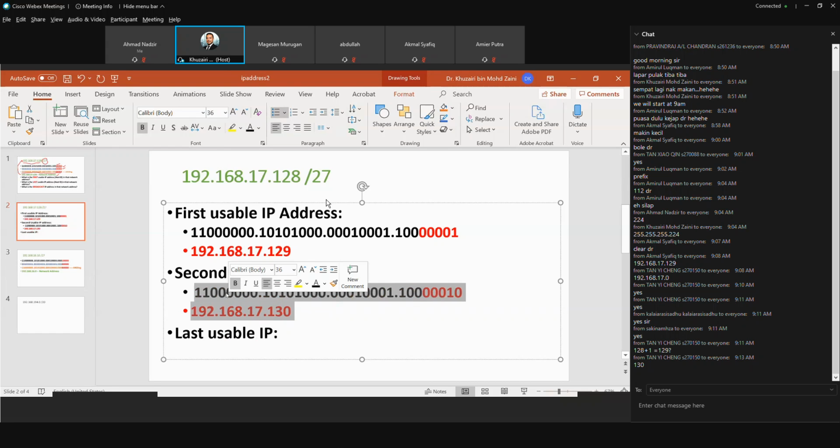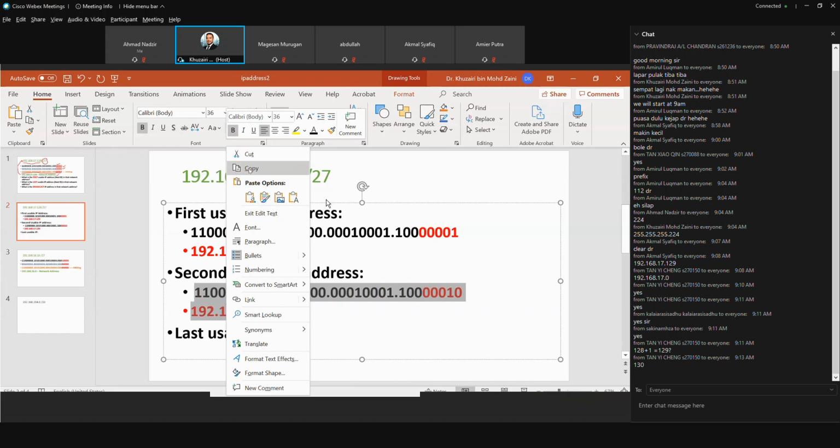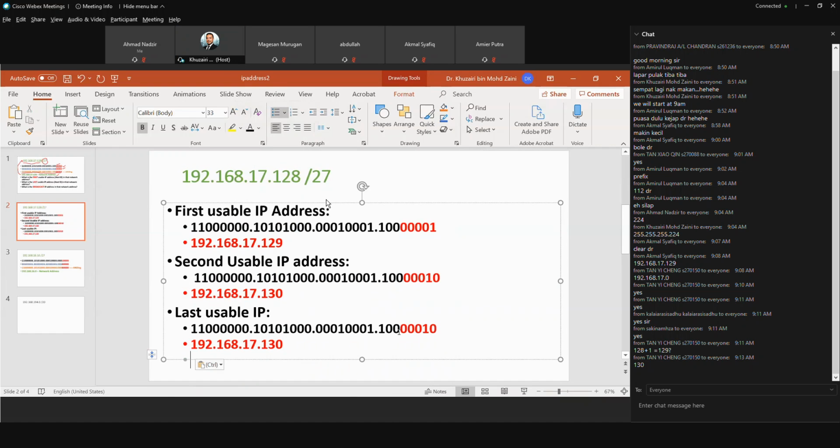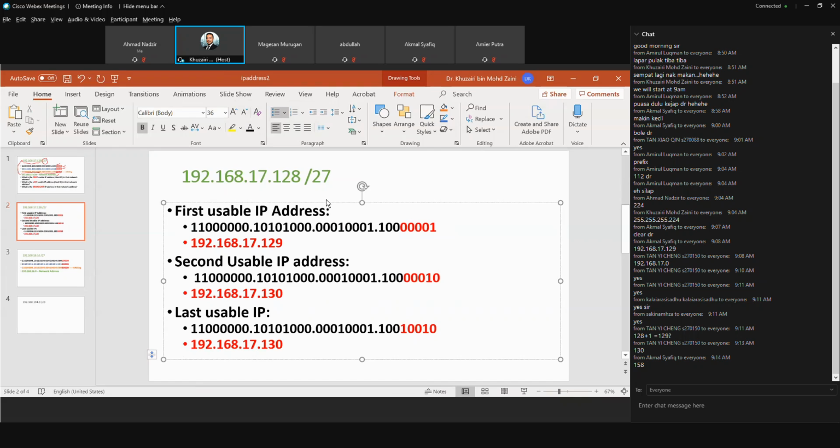Last usable will be, yes, 1, 2, 3, 4. Right? Is that right? I also don't know. Check, okay.